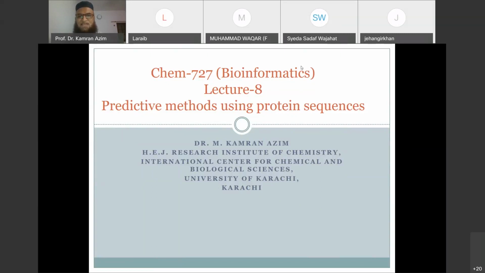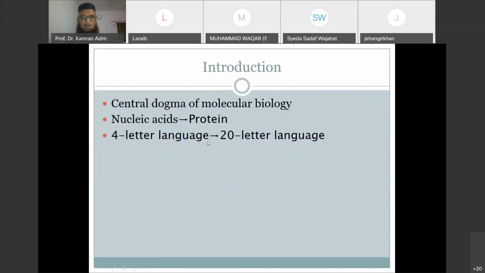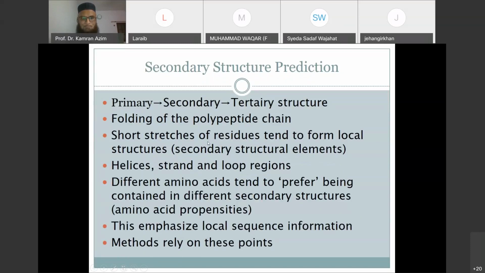Bismillahirrahmanirrahim. In this lecture, we will discuss predictive methods using protein sequences. We can extract a lot of information from protein sequences, and one of them is secondary structure prediction by using the protein sequence of amino acids in the protein.